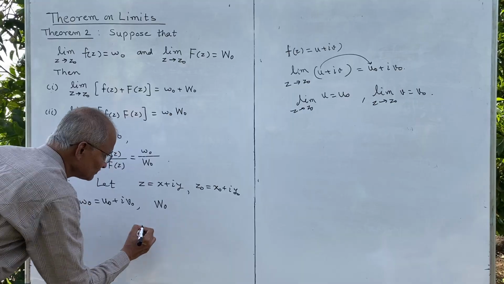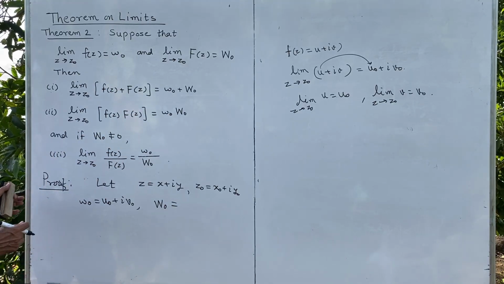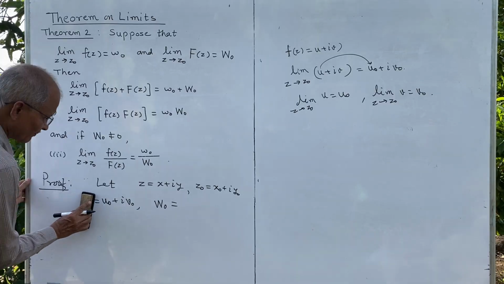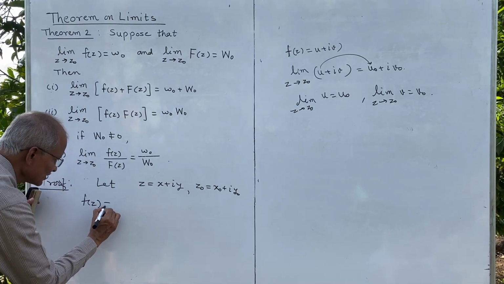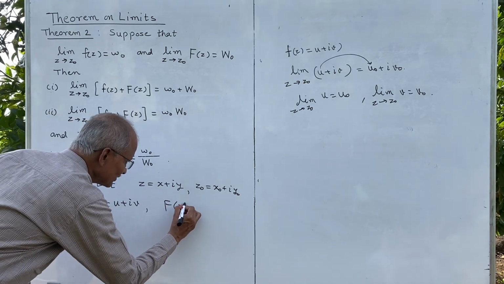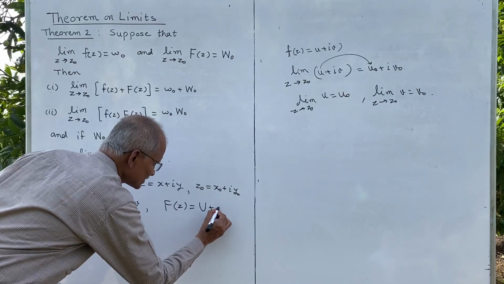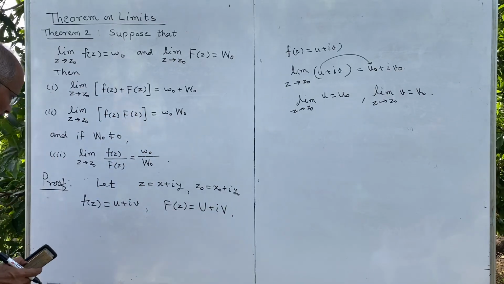Before that we will consider f of z equal to u plus iv, and capital F of z we shall consider as capital U plus i into capital V, expressed in real part and imaginary part.